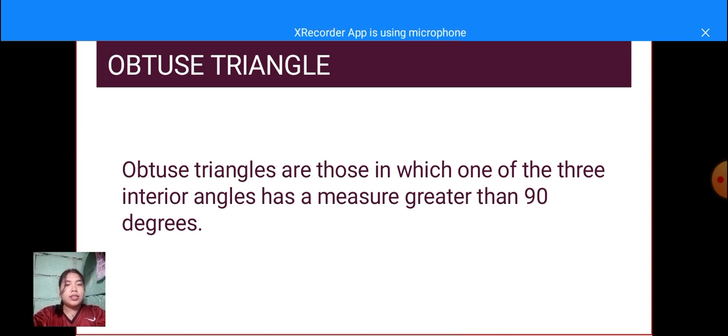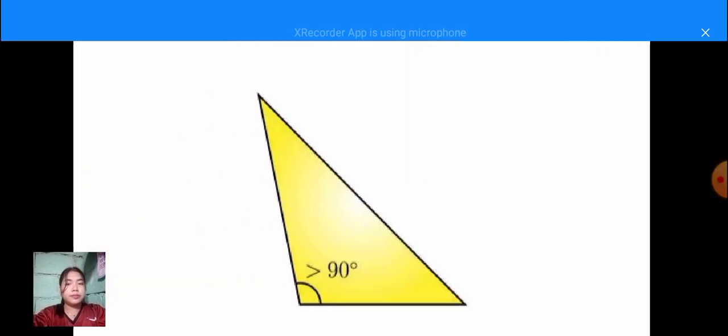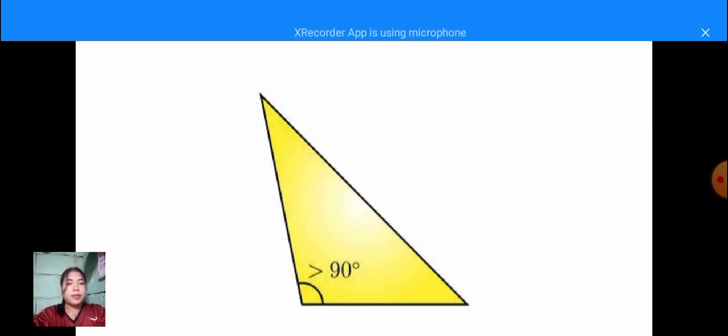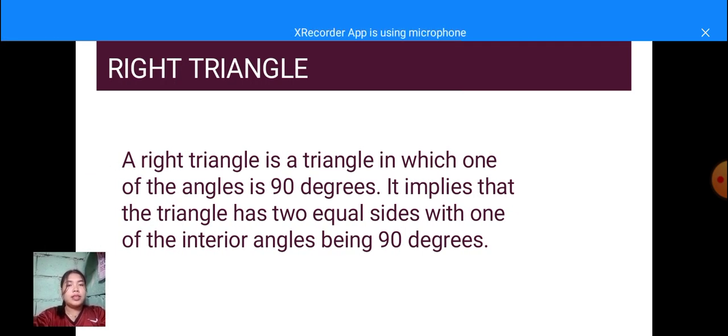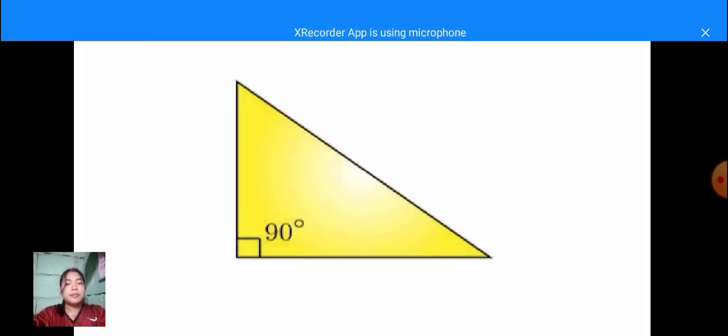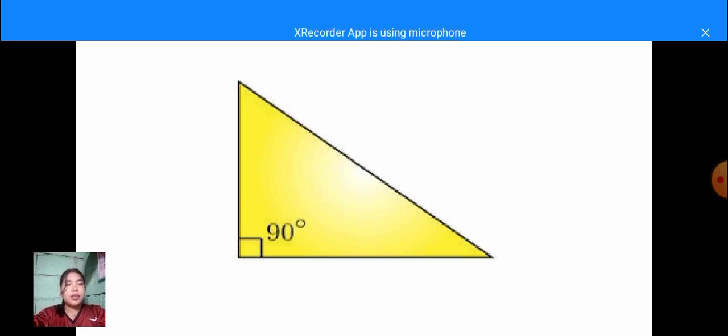Obtuse triangles are those in which one of the three interior angles has a measure greater than 90 degrees. Here's the example. Right triangle is a triangle in which one of the angles is 90 degrees. Here are the examples.